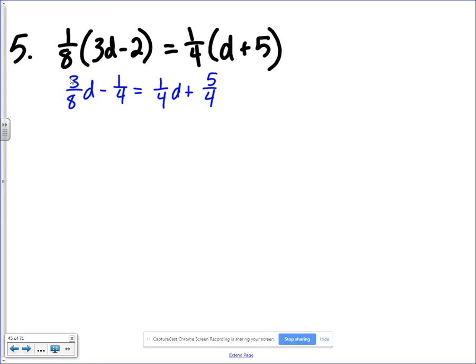Instead of having that 5/4, you could have 1 1/4 or 1.25.